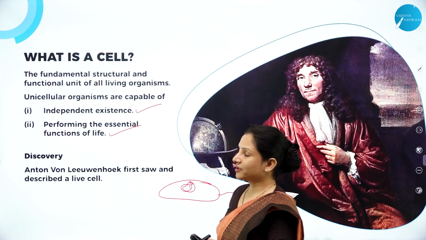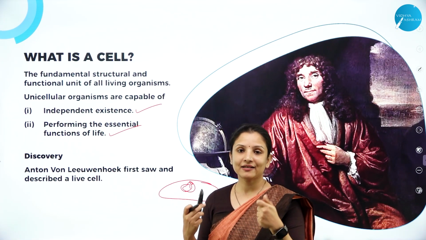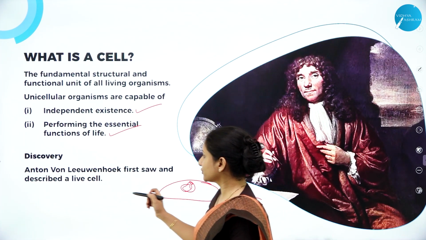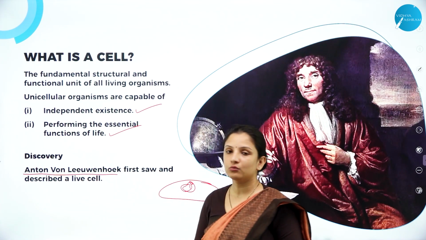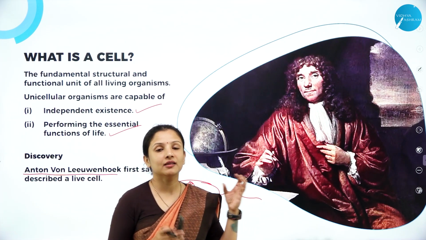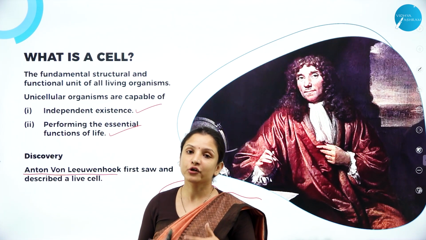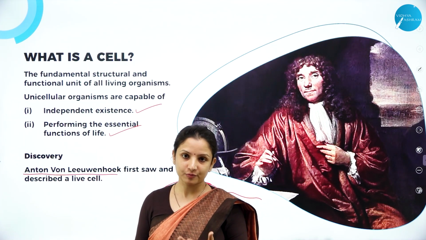So now we know what a cell is and how exactly people got to know about the cell. That credit goes to a scientist named Anton von Leeuwenhoek. Anton von Leeuwenhoek was the first person to have studied a live cell under the microscope. Of course, the microscope during his time was not that well developed. It was a simple microscope that they used.